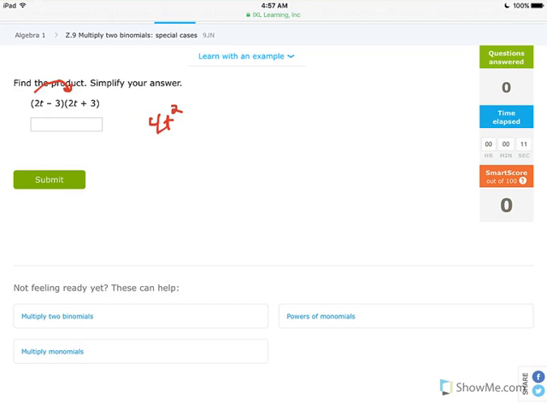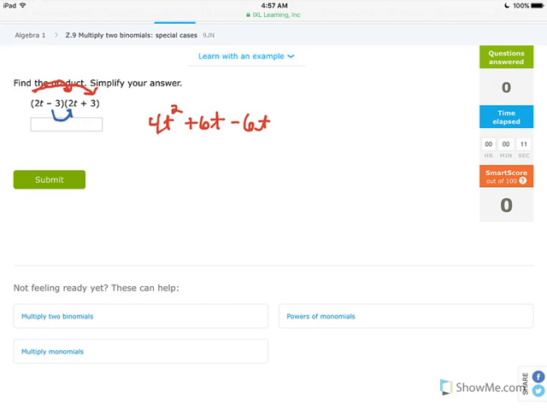And then distribute your 2t into the next term in the other binomial. So 2t multiplied by positive 3 should get you positive 6t. And then distribute your negative 3. So negative 3 multiplied by 2t should get you negative 6t.